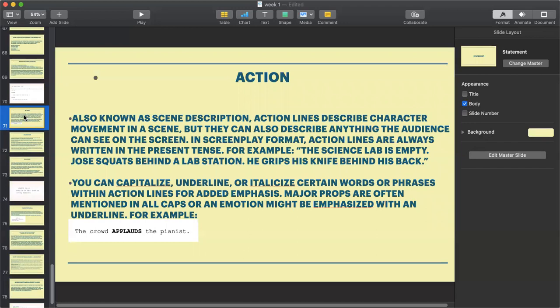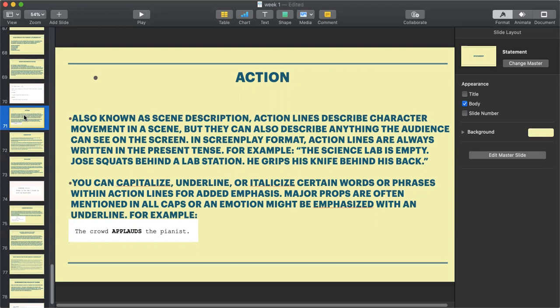And this is very, very important: action should never be descriptive. Descriptive means you have to mention only whatever the audience will see. You don't write that Yossi is feeling afraid. No. How will you show on the screen that Yossi is feeling afraid? That he squats. Squats means you bend down, you sit down on the ground.